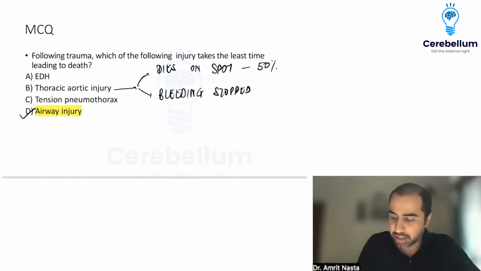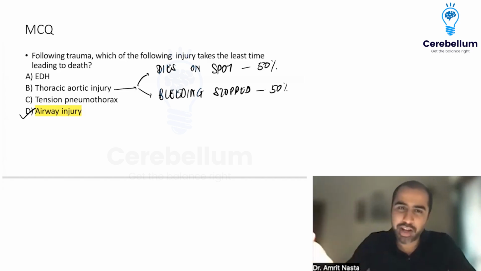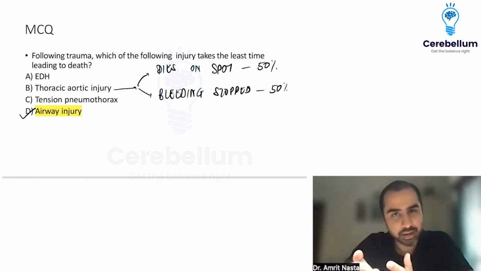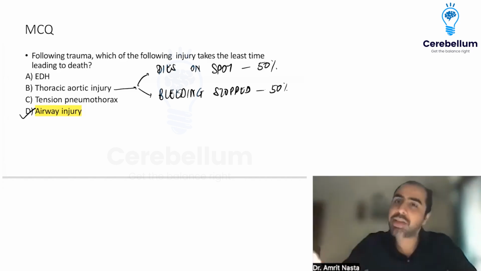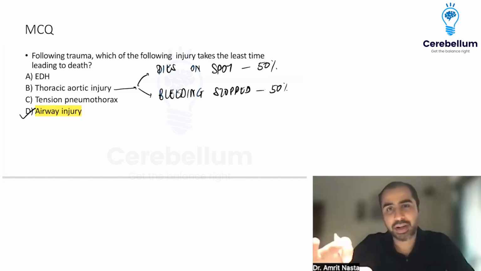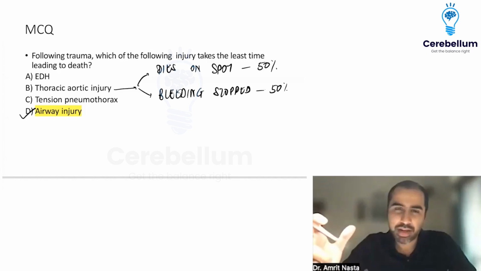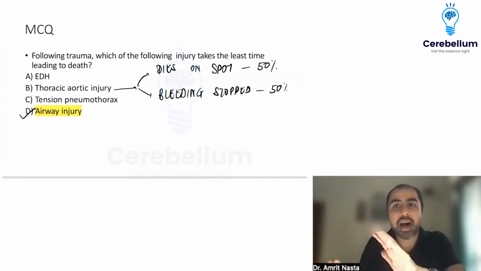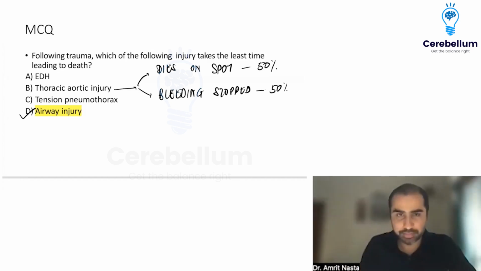So if the bleeding has stopped, these 50% patients reach the hospital. Now there is no bleeding, so it is fine. It gets tamponaded by the tissues in the mediastinum. That's why the person reaches the hospital. Otherwise, he will not reach the hospital. That's why it's not immediate. It will take some time. When he reaches the hospital, you can investigate, identify, then treat it.